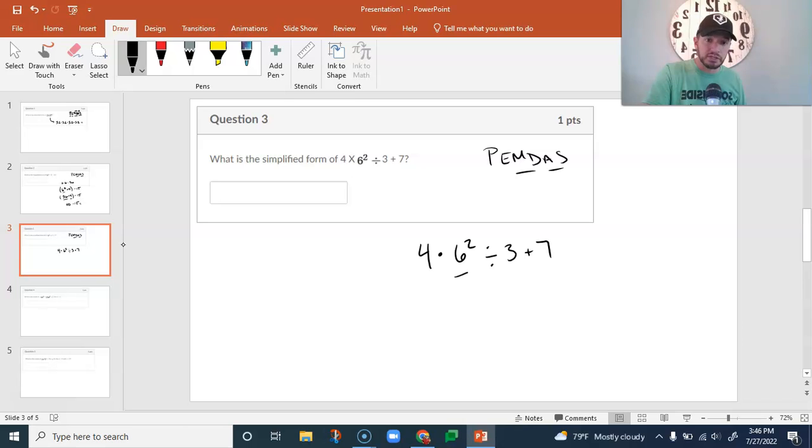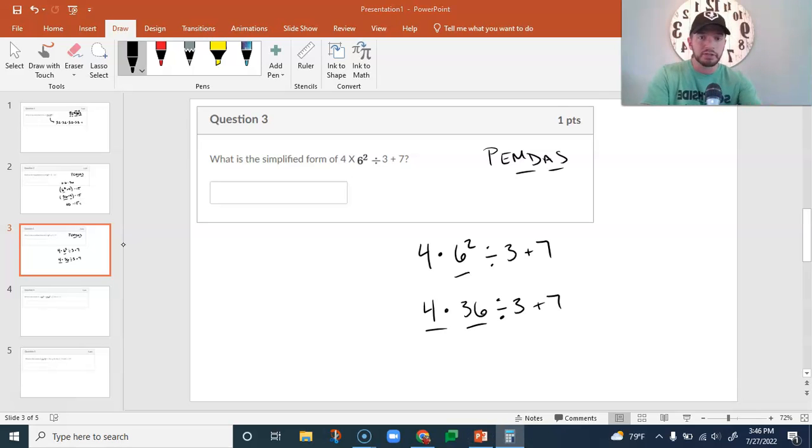We just did 6 squared in the last problem, so that is 36. So we're going to have 4 times 36 divided by 3 plus 7. So you see I have multiplication and division here. Again, they are together, so I'm going to go from left to right here. So in this case, I'm going to do 4 times 36 first.